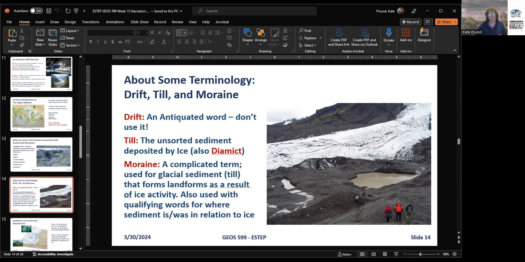The term developed because before people really understood glacial environments, they envisaged icebergs drifting around, and as they melted at their base, sediments melted out of them and drifted down to the sea floor.